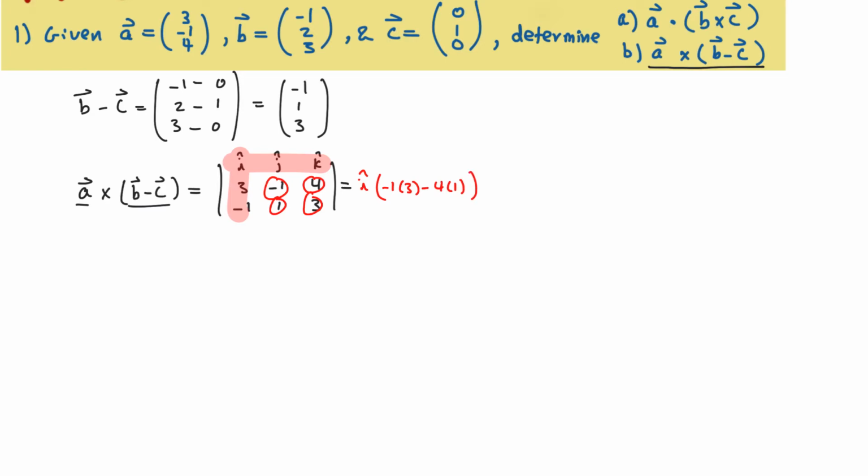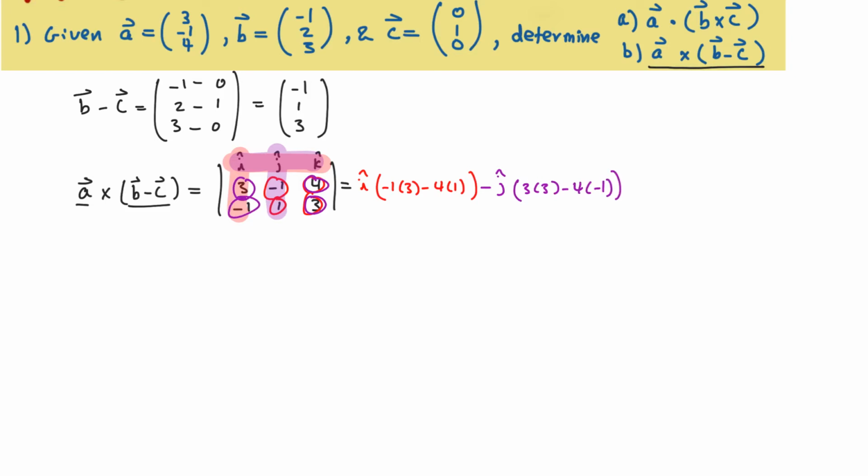For the j components, we are going to block off the j column, and we will get minus j, that's the second one, we use minus, and it'll be 3 times 3 minus 4 times negative 1.